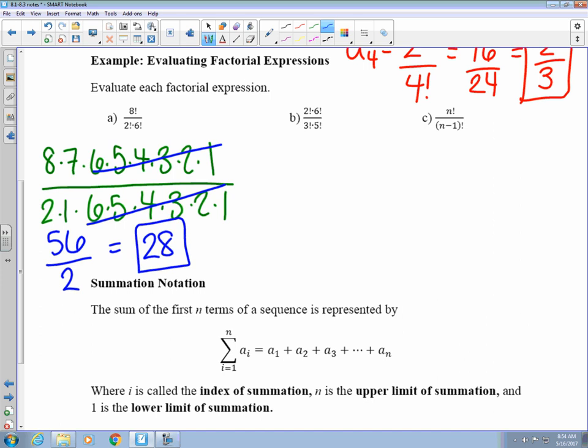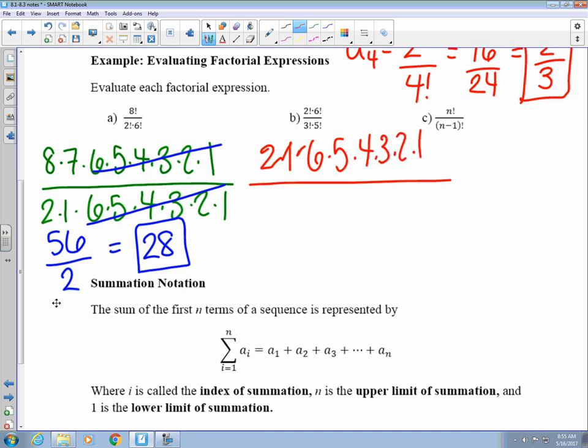Using the same strategies on letter B, 2 factorial is 2 times 1. And 6 factorial is 6 times 5 all the way down to 1. On the bottom we have 3 factorial, 3 times 2 times 1, and 5 factorial.